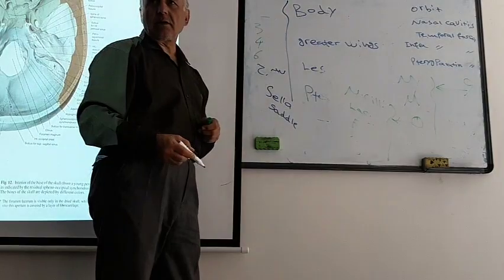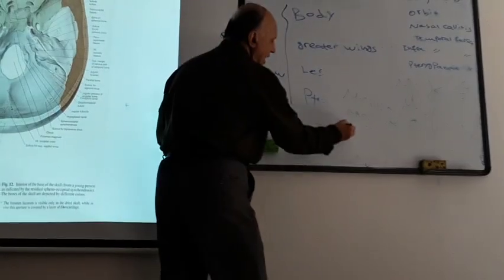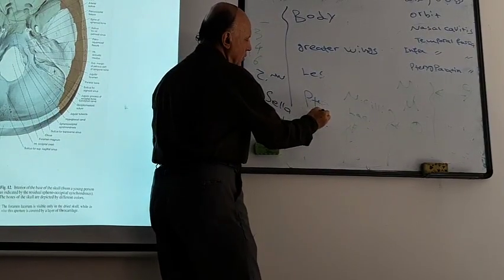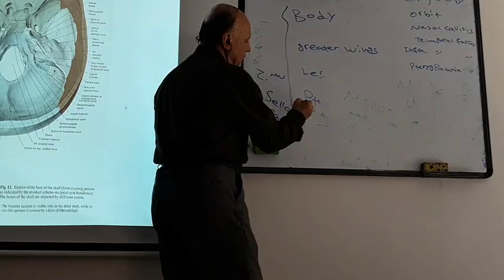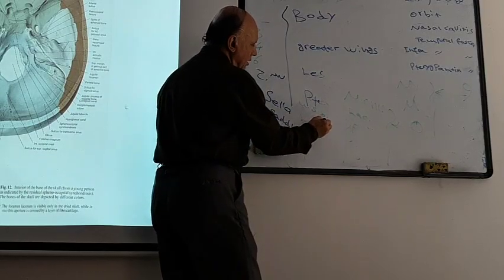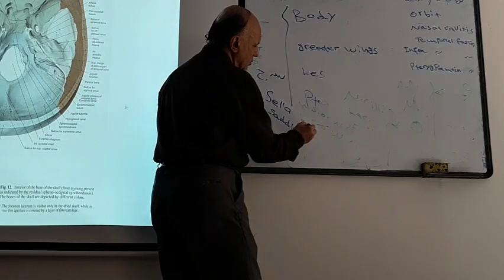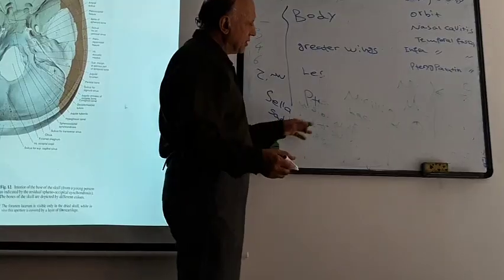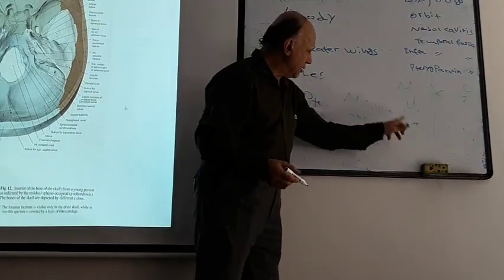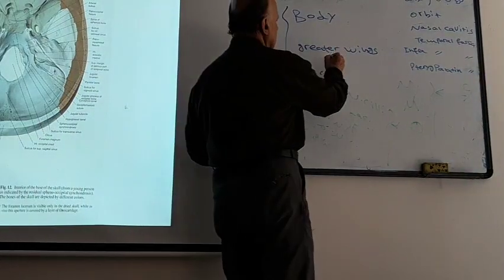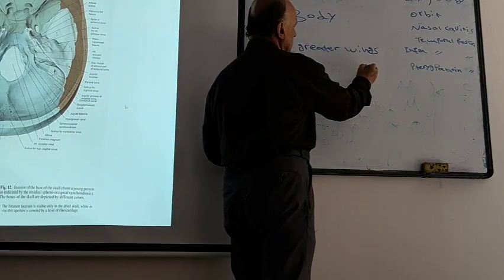Frontal is largest. Frontal has three branches: medial supraorbital, lateral supraorbital nerve, and supratrochlear. These are 9. 3, 3, 3. 3 times 3 is 9.